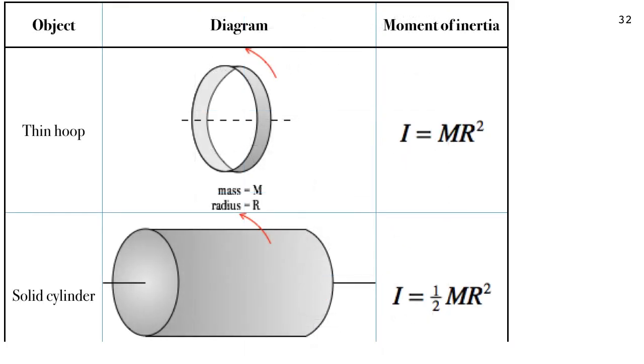So for instance, the thin hoop spinning about its own central axis, going right through the middle here. The moment of inertia is just the mass of the hoop times r squared, because all the mass is out there at the radius. It's a circular hoop, and it's thin, so there's no near and far.